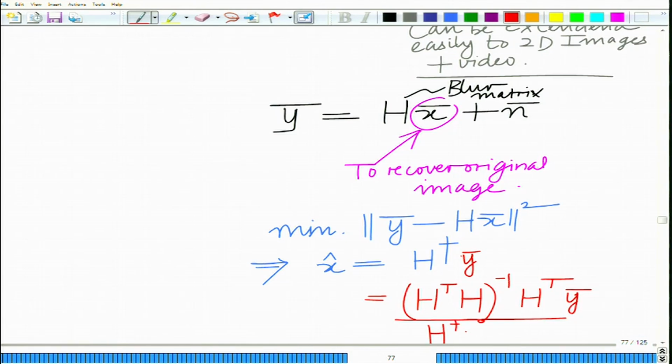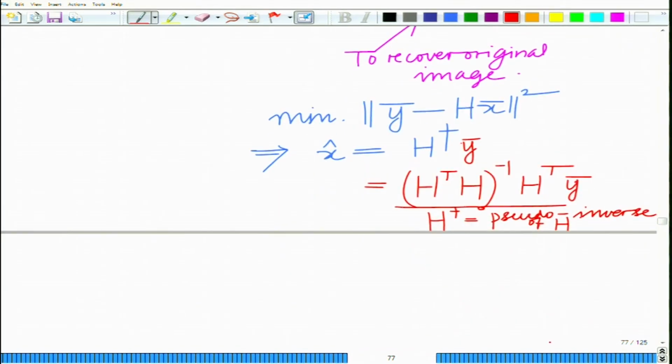where we are denoting this matrix by H dagger. This is known as H dagger, and we have already said this acts as a left inverse. This is the pseudo inverse of H, not the inverse but the pseudo inverse, the left inverse of H, and this x hat is now your deblurred or reconstructed image.